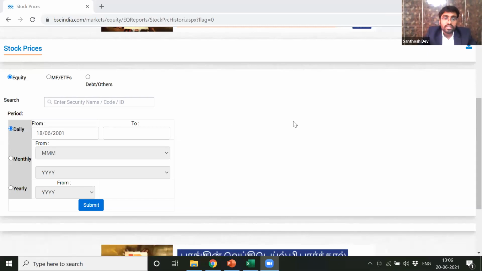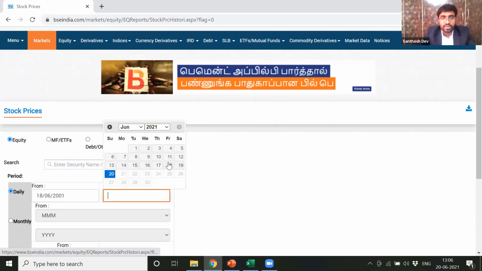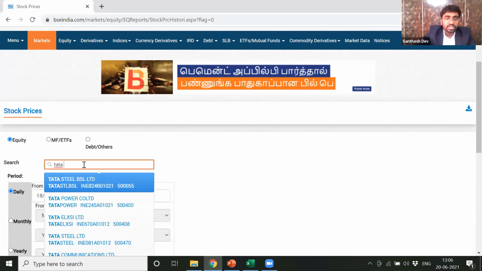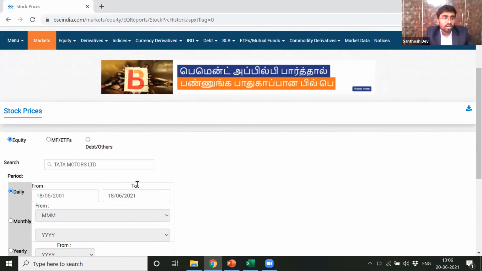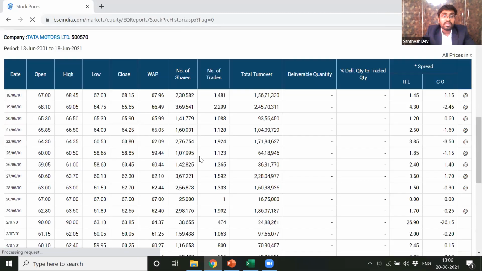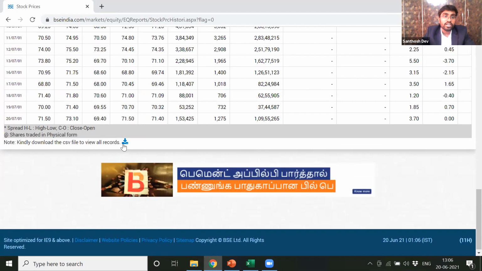Okay, now in this screen, I have gone to the BSE index. I am trying to find out about 20 years of return from this particular stock. I am not taking the date to perfection. I'm taking the Tata Motors stock. I will be able to get the stock price from 18th of June 2001 till today.